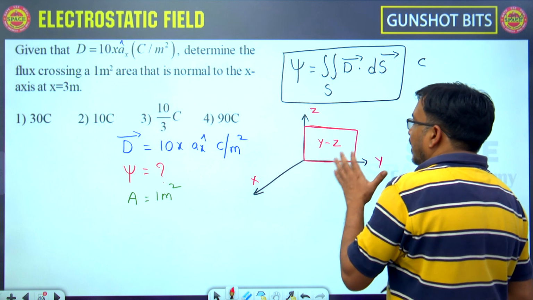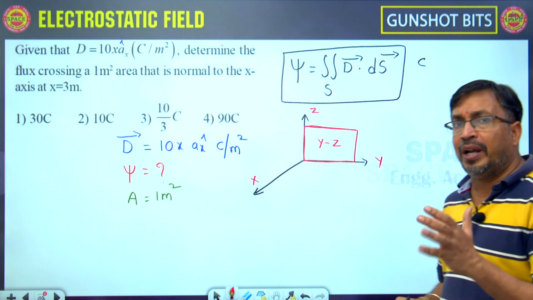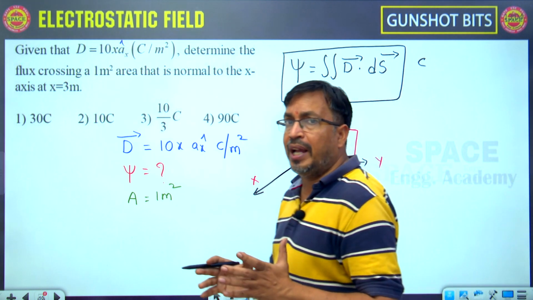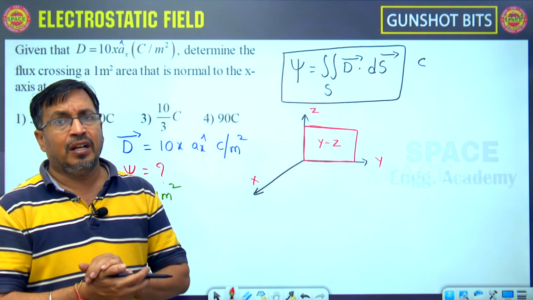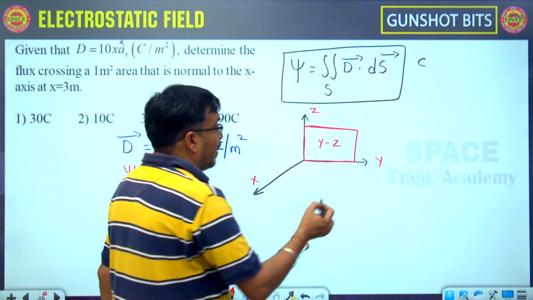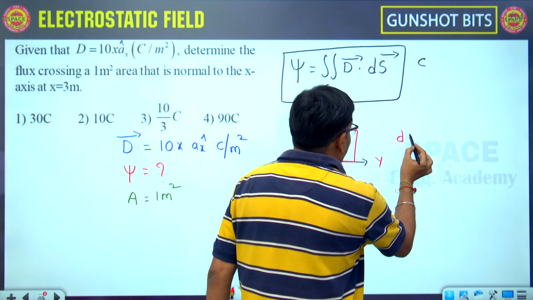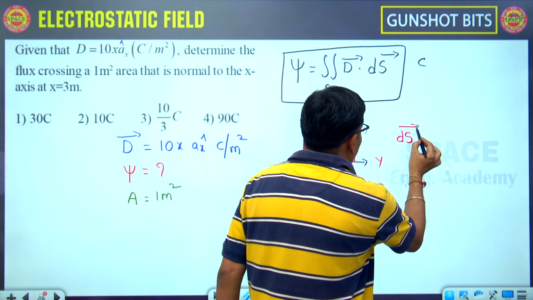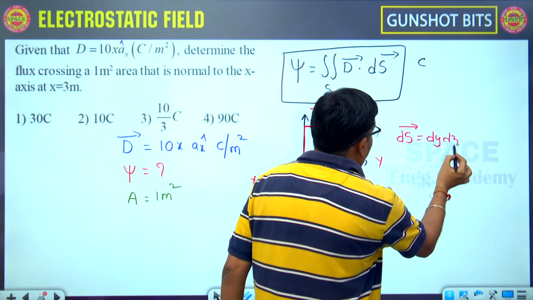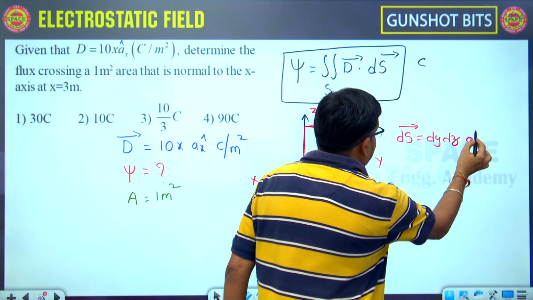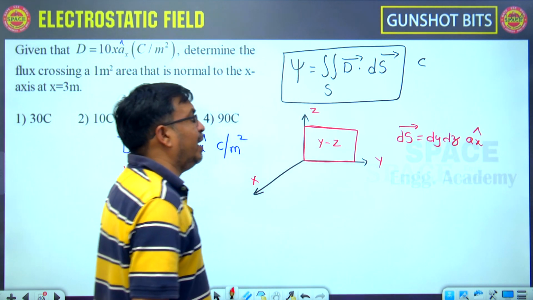Only then is it normal to the x-axis. So from this condition, I write the differential normal surface vector dS bar equal to dy dz ax cap, which is normal to the x-axis.